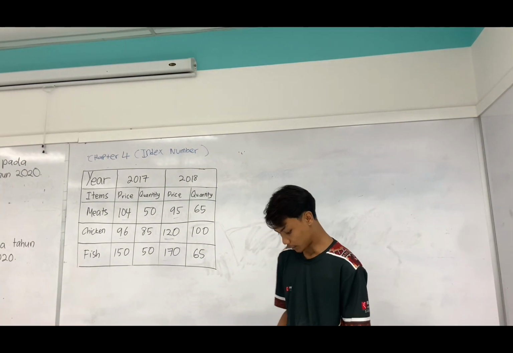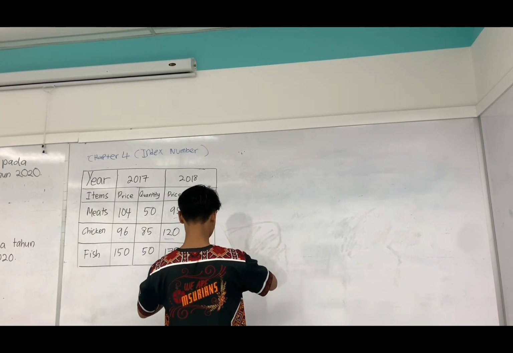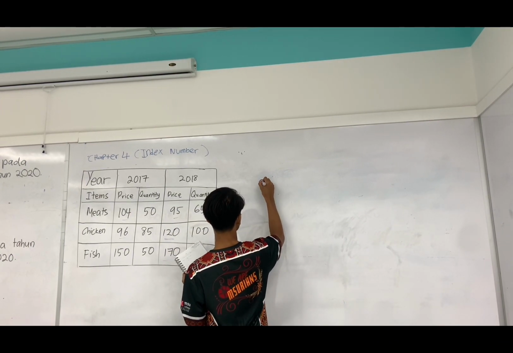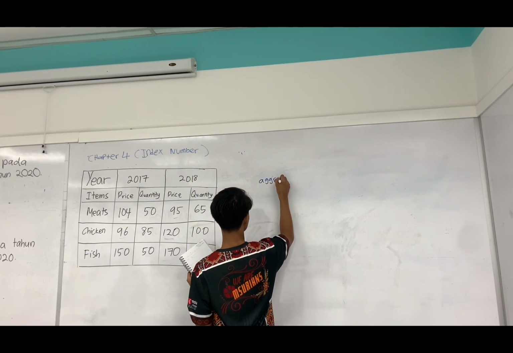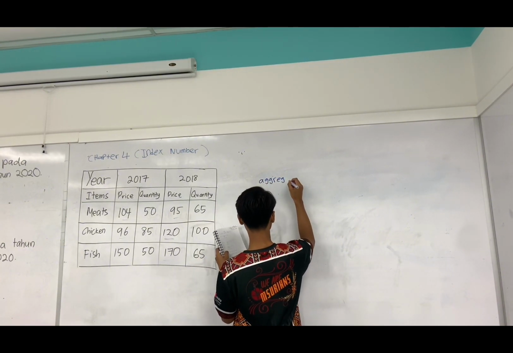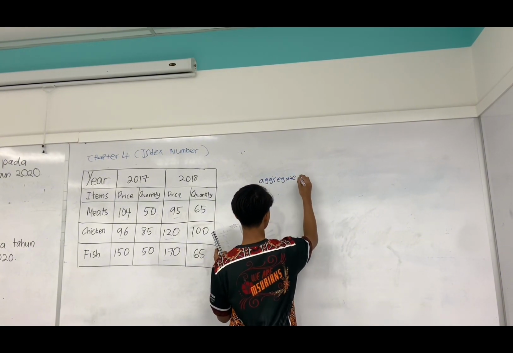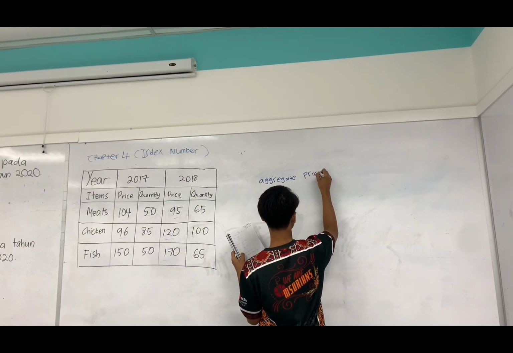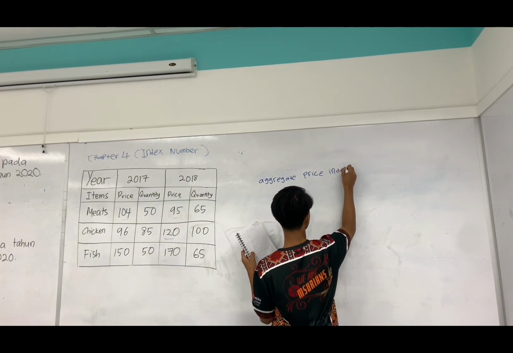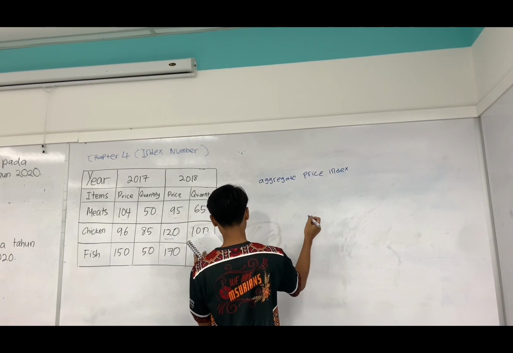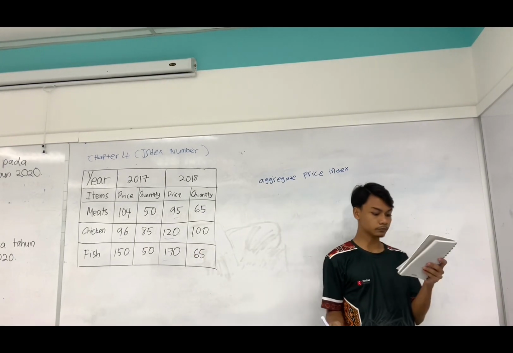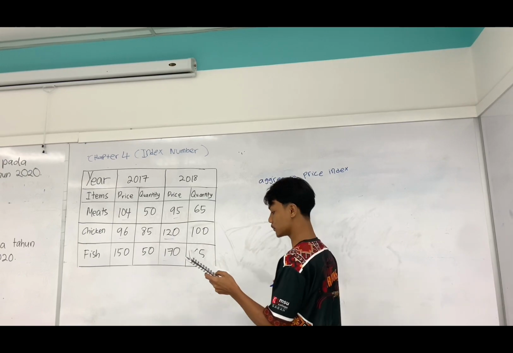Next is aggregate price index. This is the formula for simple aggregate index.